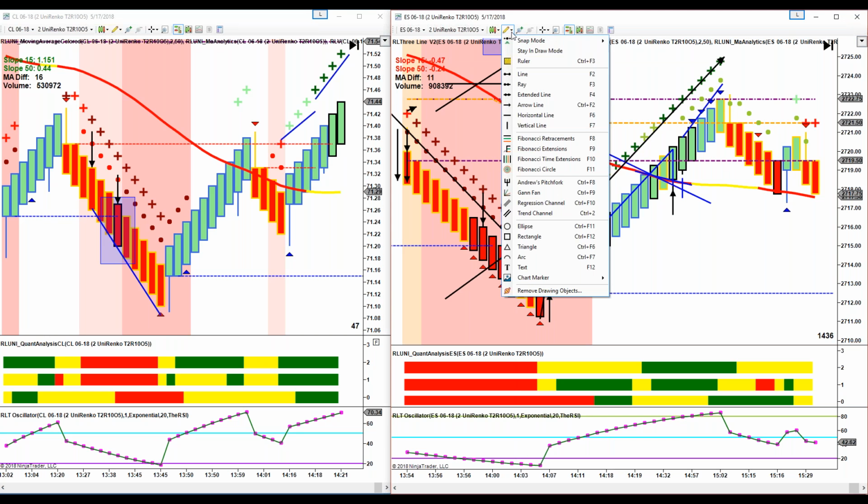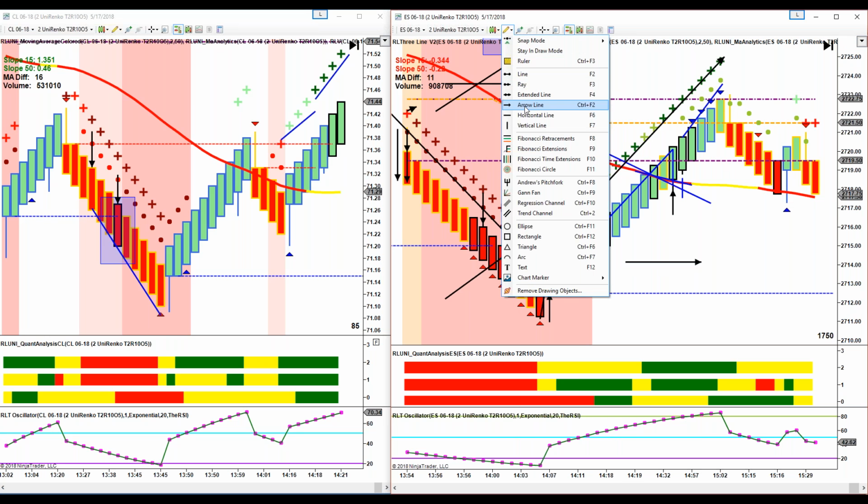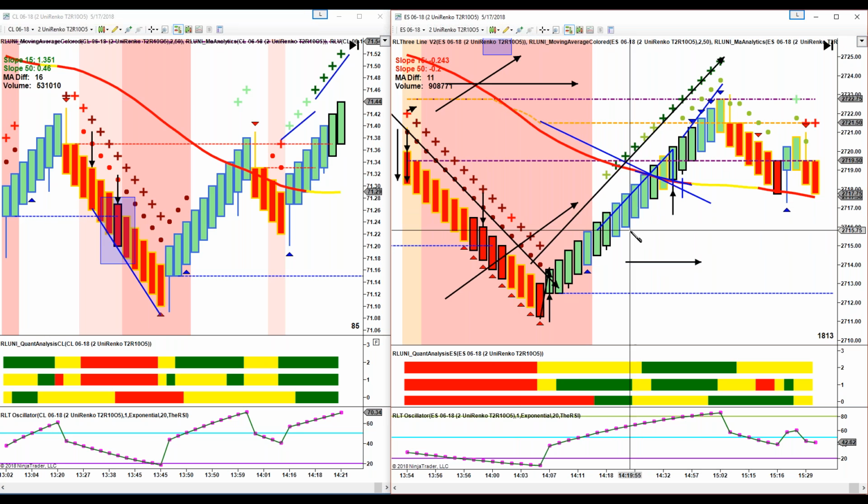So let's say, for instance, the E-mini, I may not have to draw anything, but here's your stop, and here's your entry. Now let's say the E-mini first target is a point.